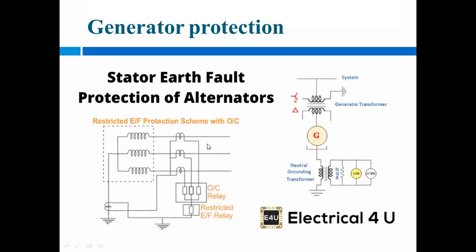Here we are using over current. The generating unit is there, and here we are using the current transformer. Only one winding is shown actually, and these are the relays. Over current relays are connected in each phase, and there is one earth fault relay, which operates if any fault occurs.